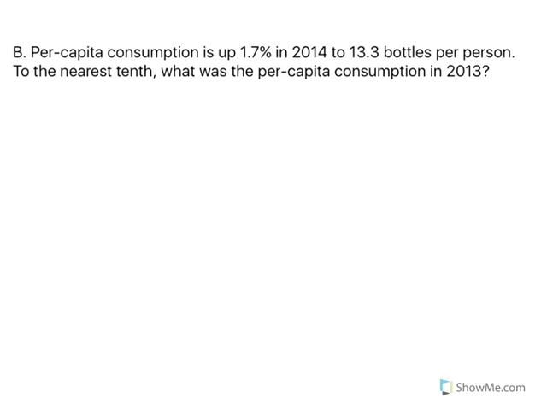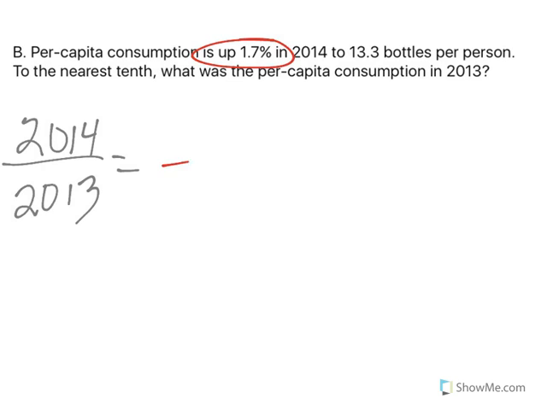Now, in part B, per capita consumption is up 1.7% in 2014 to 13.3 bottles per person. To the nearest tenth, what was the per capita consumption in 2013? So again, we're dealing with 2014 and 2013. Okay, well, again, we're up 1.7%.